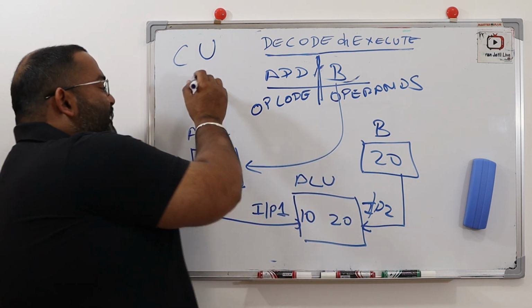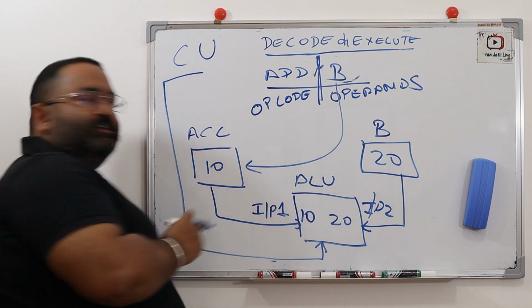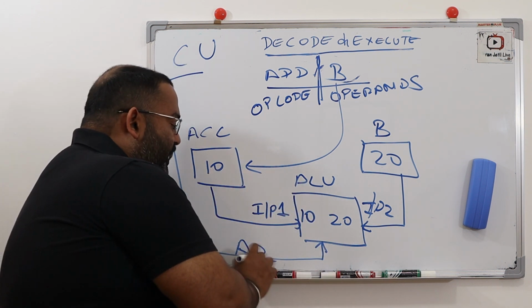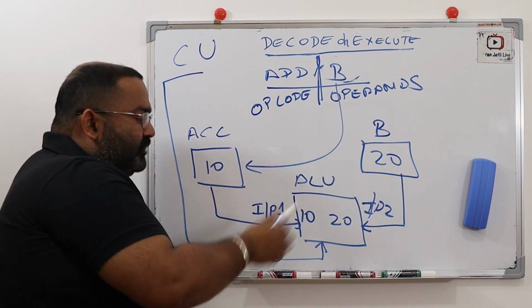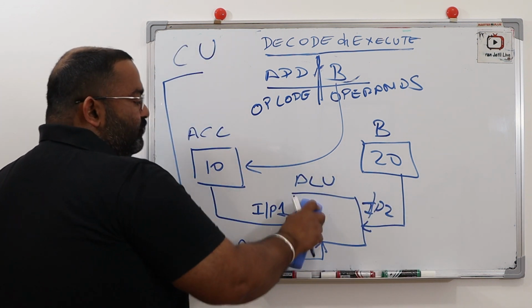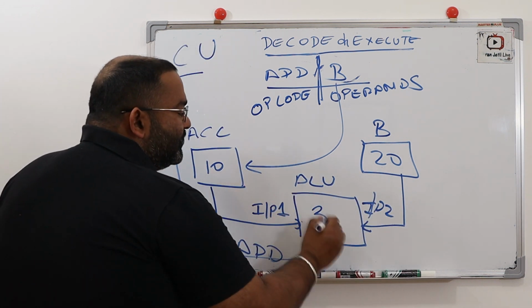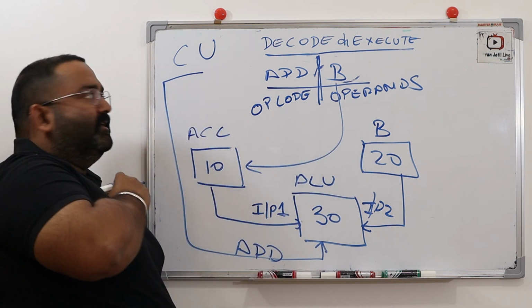It generates the add control signal and instructs the ALU to add input 1 and input 2. So the ALU will perform the addition: 10 plus 20 becomes 30. So two numbers are added.